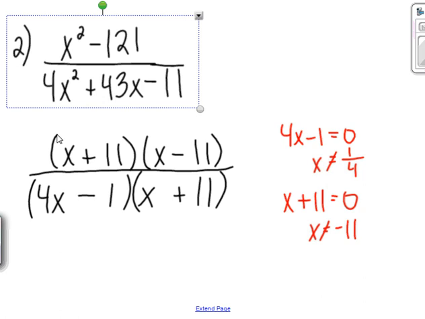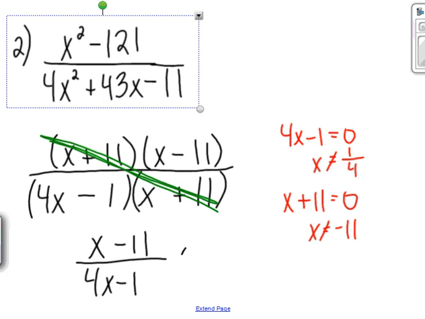Now I'm going to divide out any common factors. What I'm left with is x minus 11 over 4x minus 1, where x cannot equal 1/4 and negative 11. So that would be your answer.